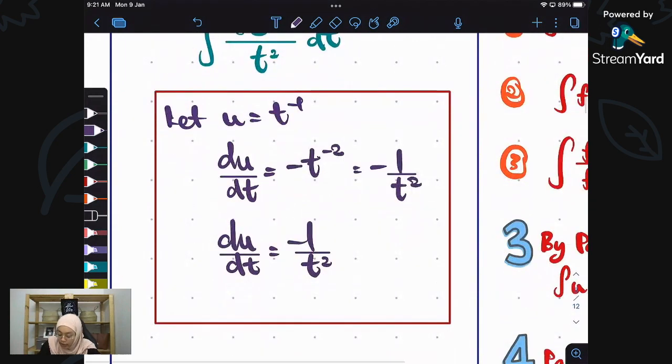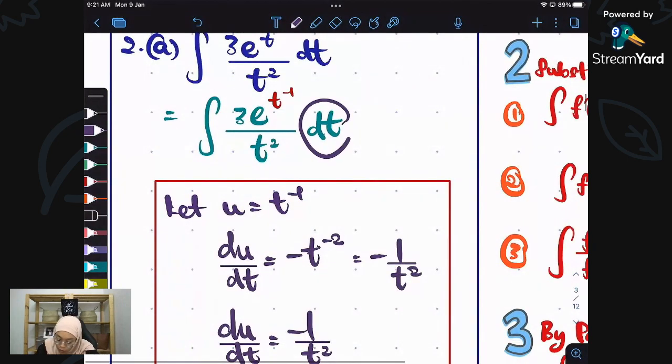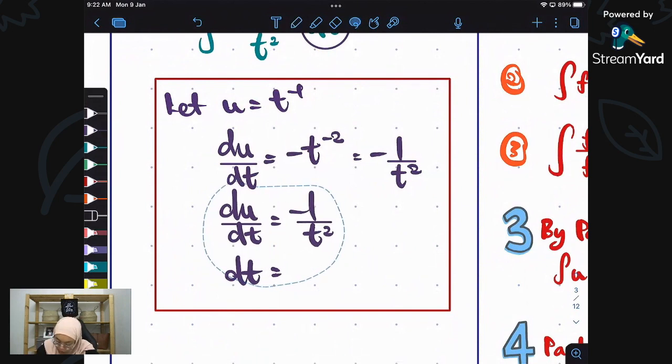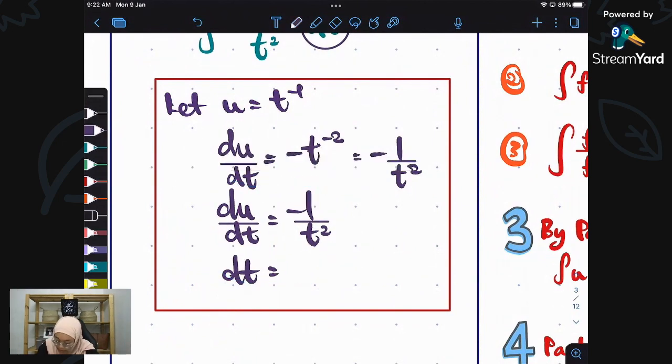And then I say you must make dt the subject. Okay, dt as the subject. Why? Because this is what you want to change into u. That's why you make dt the subject. And then what do you get? Be careful, dt will be equal to negative t squared du.